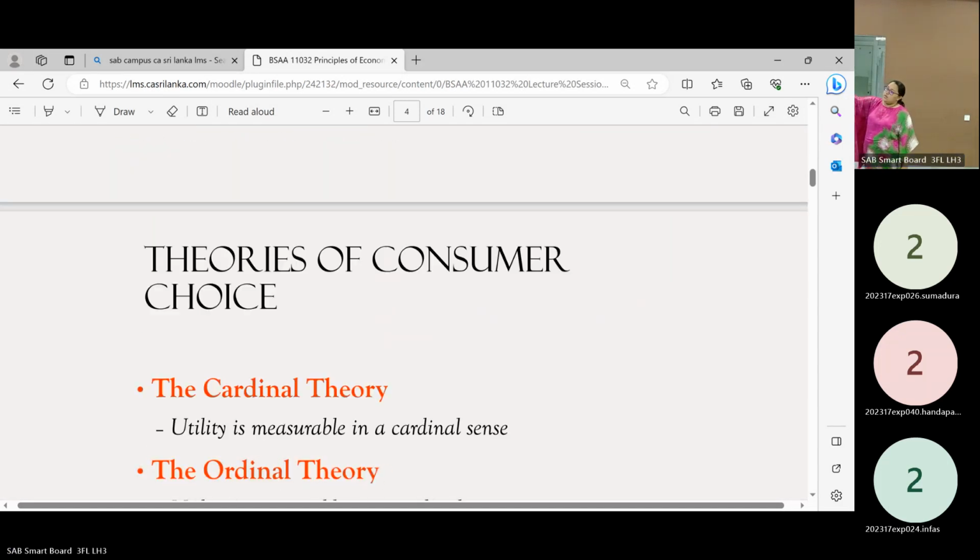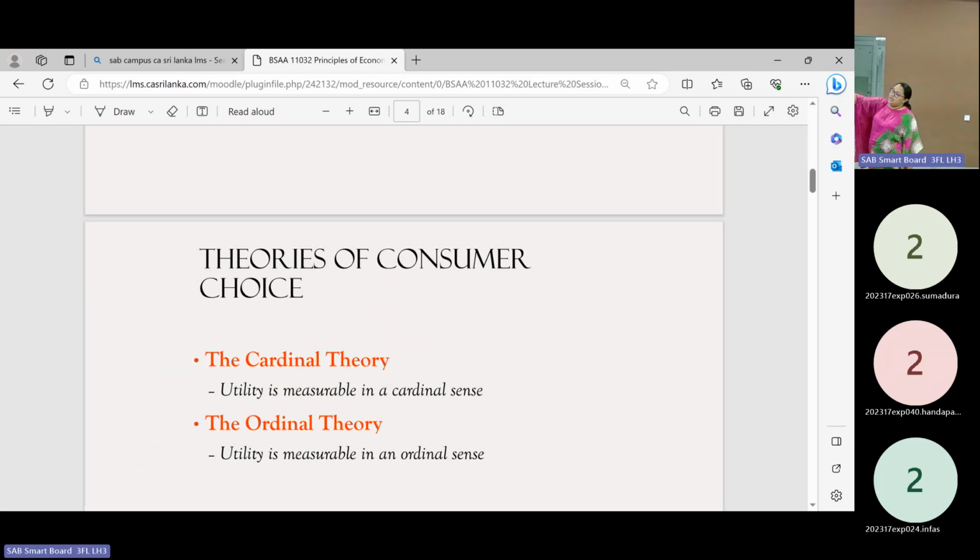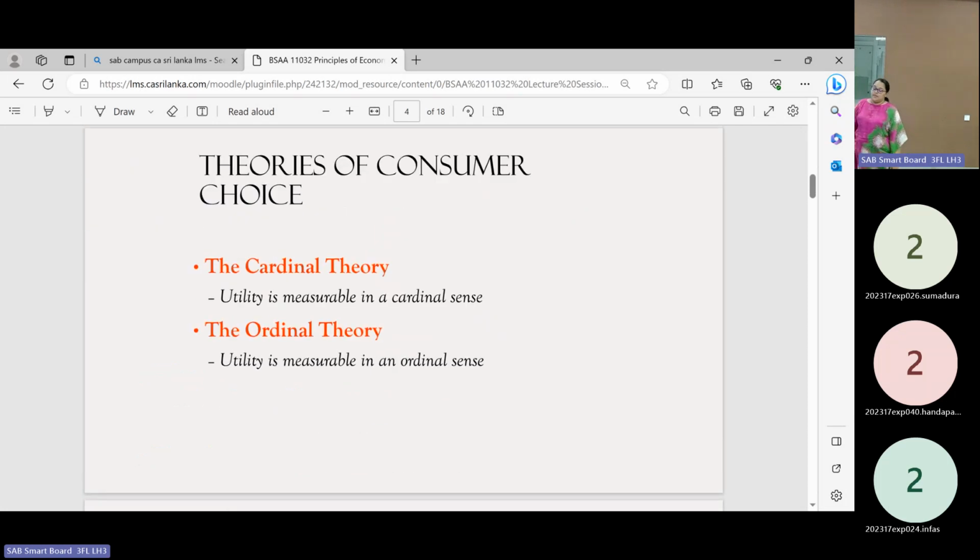Now, in basic economic theory, we have two theoretical ways to look at consumer behavior and how they get satisfaction. What are they? Cardinal utility and ordinal utility.